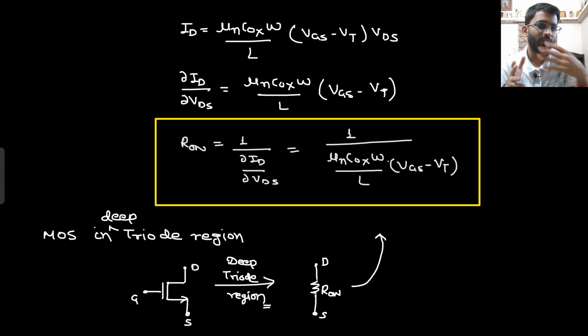So at a high value of VGS, you get a higher slope. Then I found out the expression of del ID by del VGS for both regions, saturation and triode, and then we saw the output resistance. Output resistance is also an important parameter. When we study amplifiers, it will be used there. So that expression we also found out.